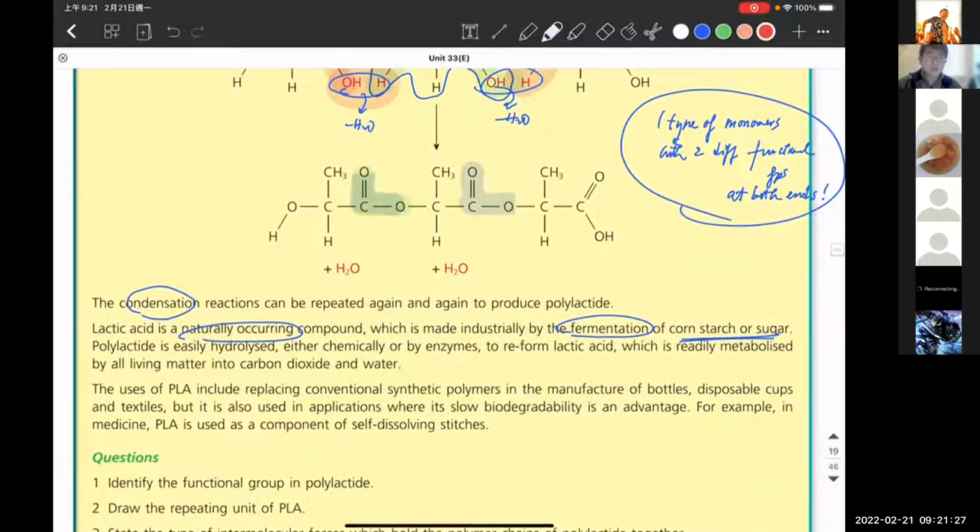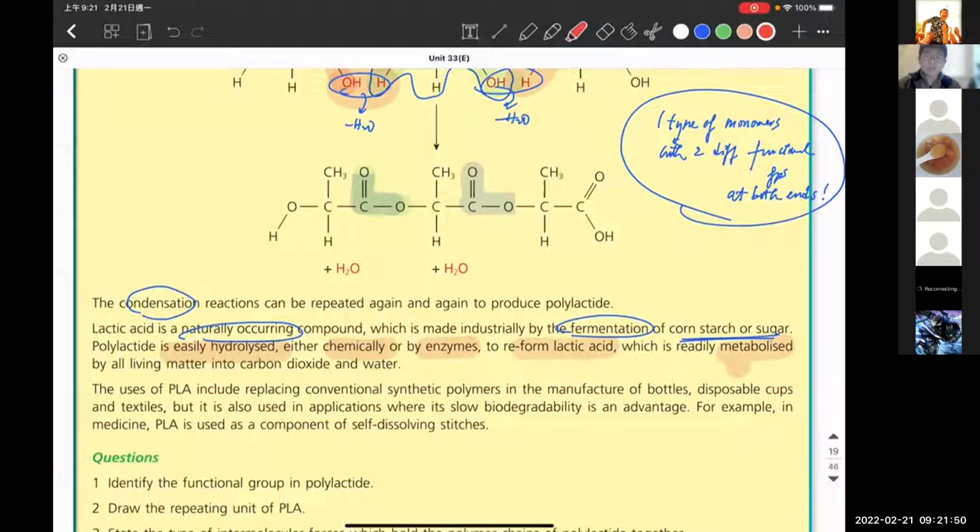And polylactide, why do you say it's a biodegradable substance? It is prone to hydrolysis by chemicals or by enzymes to reform the lactic acid, and it can be easily metabolized by living matter into carbon dioxide and water.